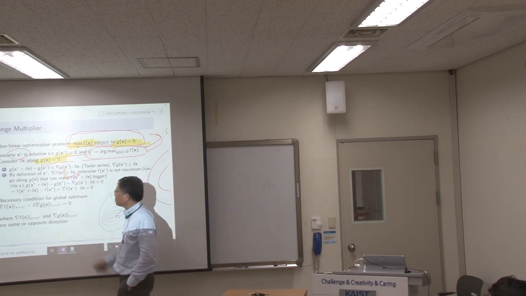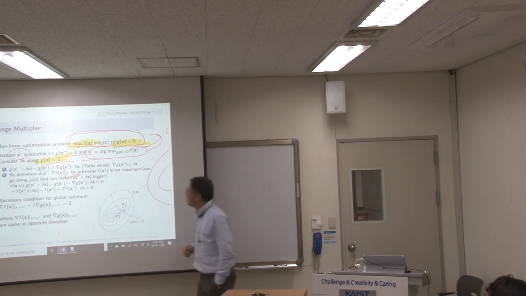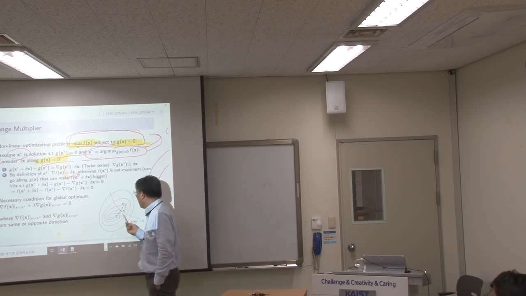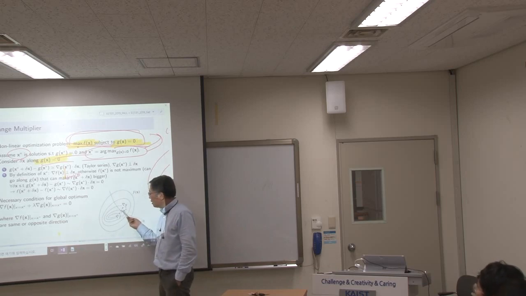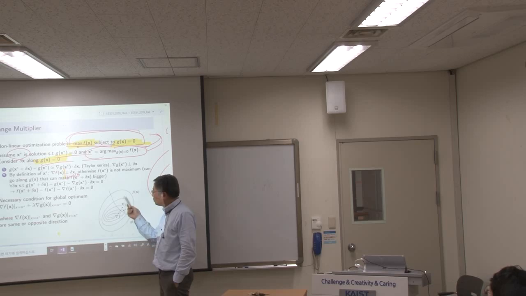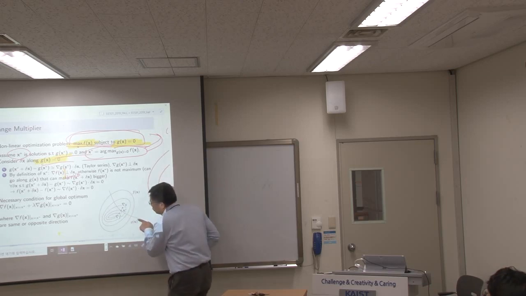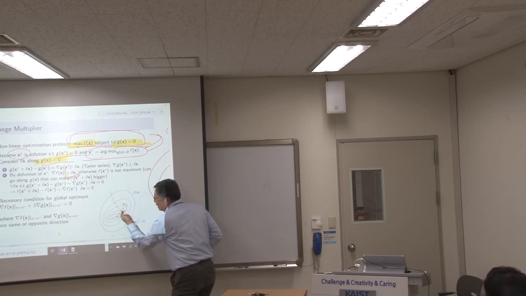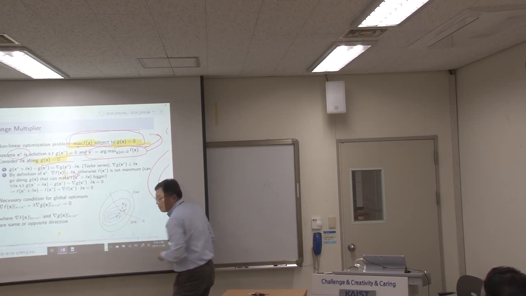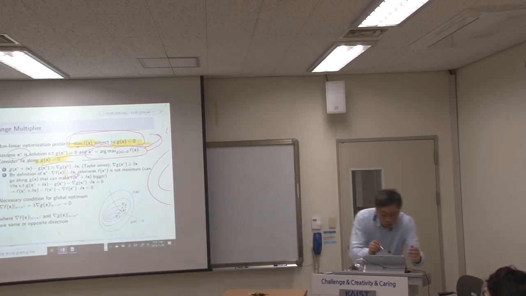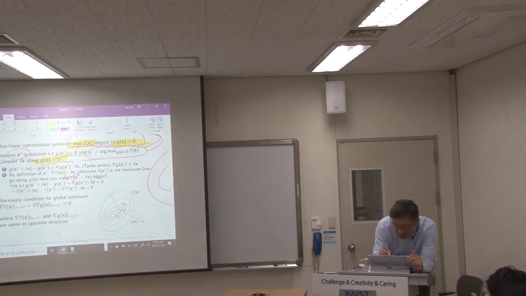So g(x) is equal to 0 right here. As I said in the first one, the gradient of g is perpendicular to the contour. And I should also show you where delta x is.